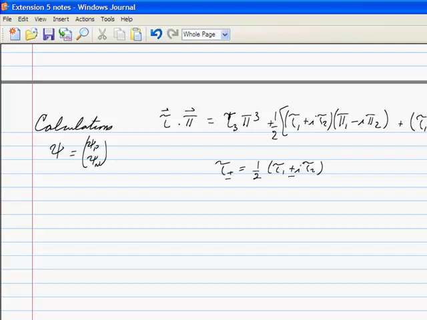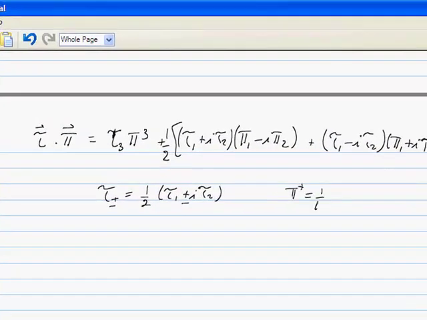Those are then the raising and lowering operators, and I'll define the fields. Pi plus is 1 over the square root of 2 times pi 1 minus I pi 2, and pi minus is 1 over the square root of 2 times pi 1 plus I pi 2.